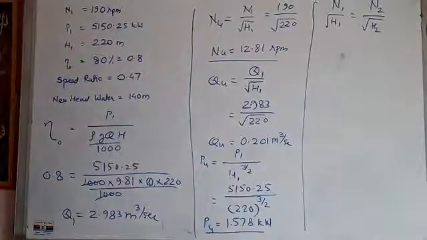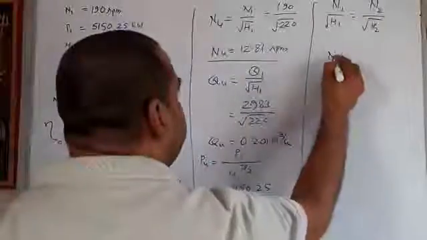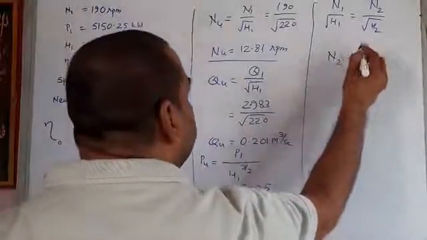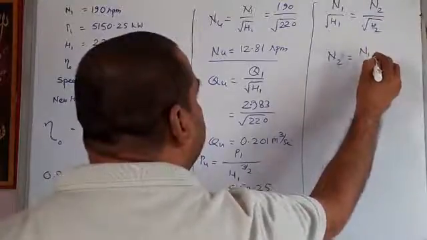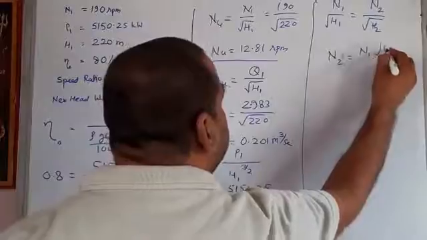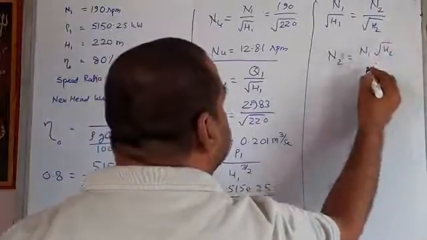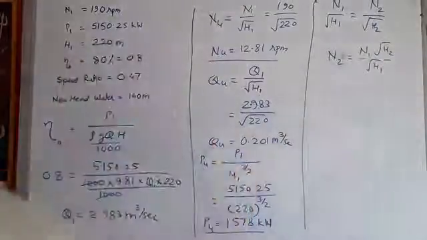So putting the values here, N2 equals N1 root H2 by root H1.